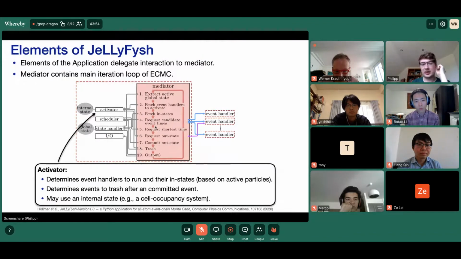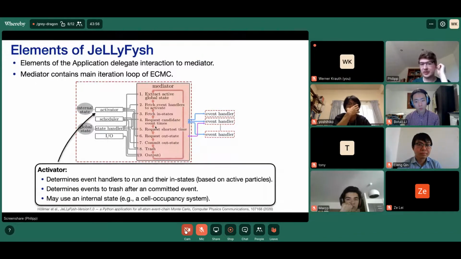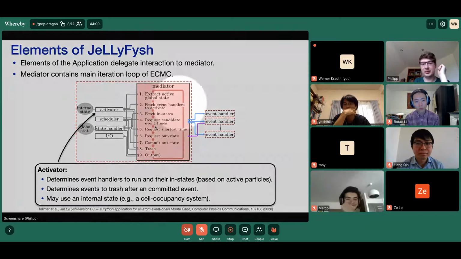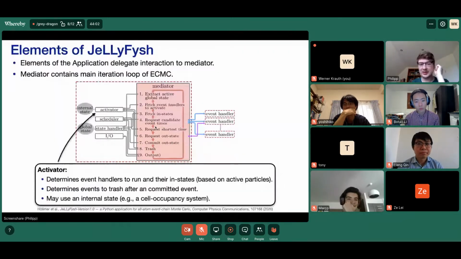Also, after an event is committed, it determines the events which should be trashed and which became invalid, so to say. So this is step 8 down here. For these actions, the activator may use an internal state, for example, a cell occupancy system. And the cell occupancy system then helps, for example, to determine nearby particles of the active particle.